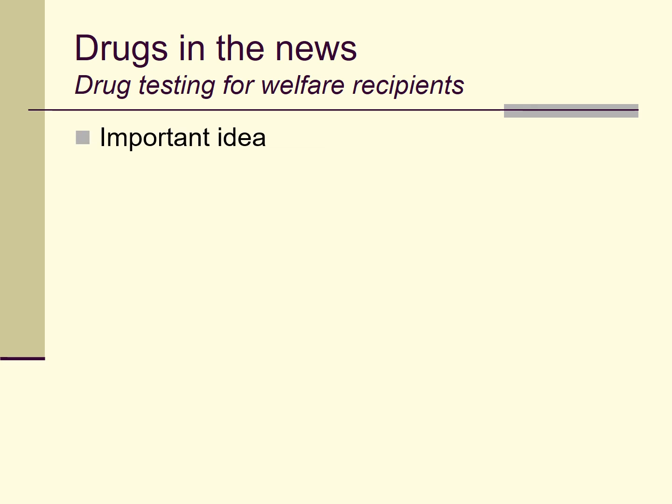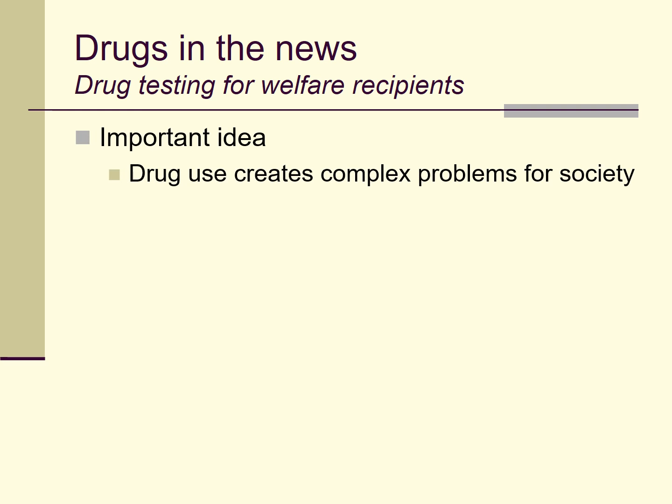And more generally, I think there's an important idea here that drug use creates complex problems for society. I wouldn't want to deny in any way that the idea of people who get government benefits but also use drugs is problematic. That's not a simple thing to think about. It's tricky to think about that.